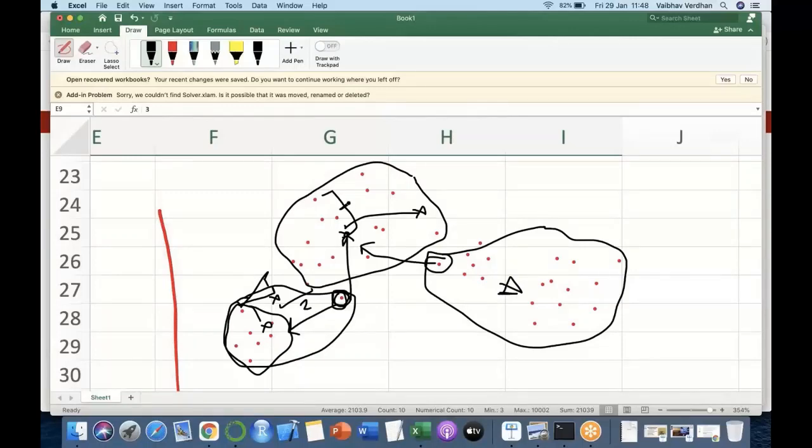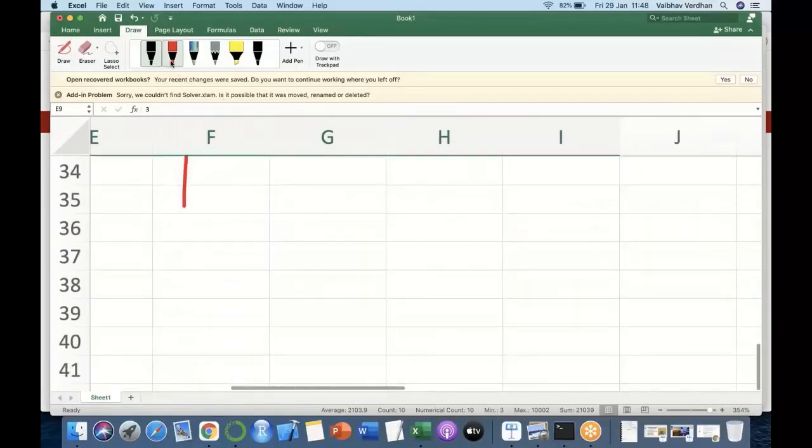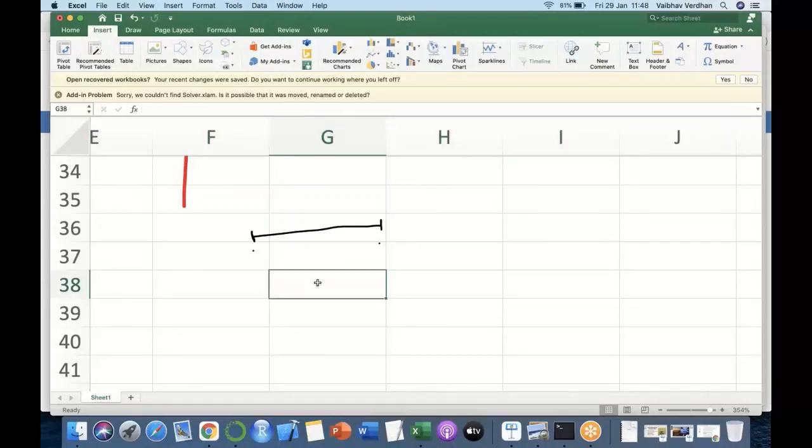If you have 2 points, the way you can measure the distance between the two is the mathematical equation which we have studied in our lower standards, which is y2 square minus y1 square, right, plus x2 square minus x1 square, whole root.